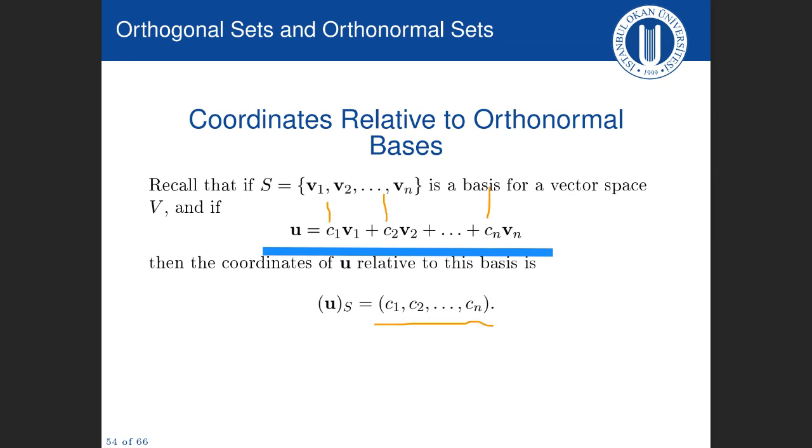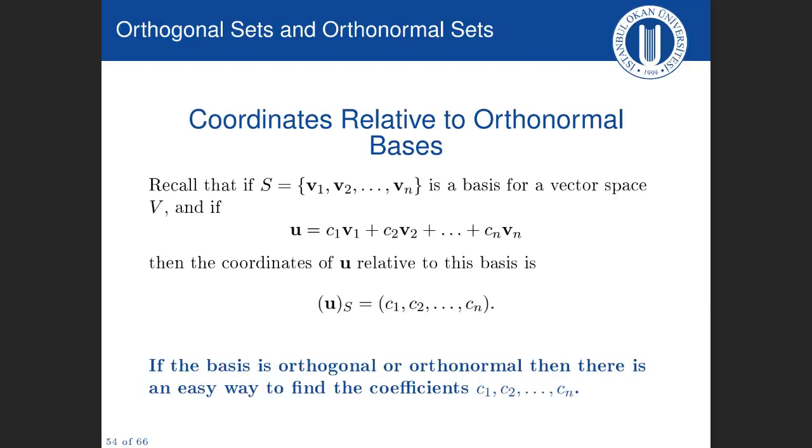We write these as a vector. If the basis is orthogonal or orthonormal, then there's an easy way to find these coefficients. So that means there's an easy way to find the coordinates of U relative to an orthogonal basis or an orthonormal basis.